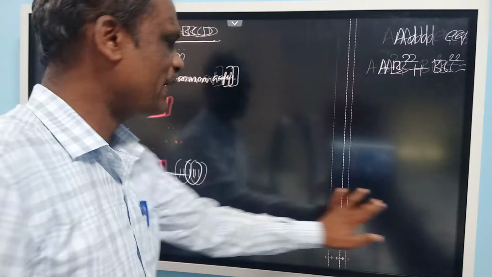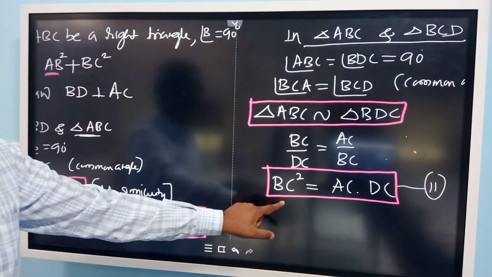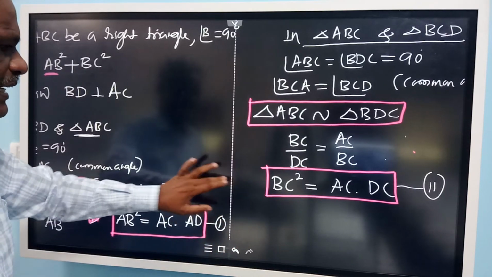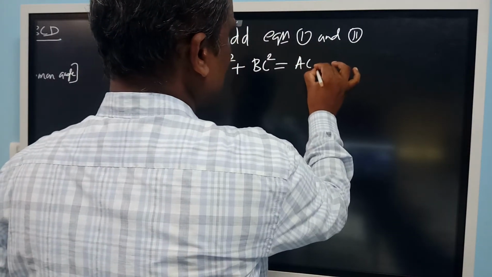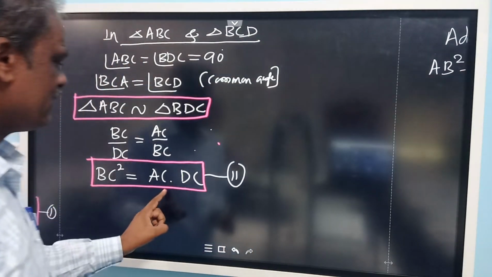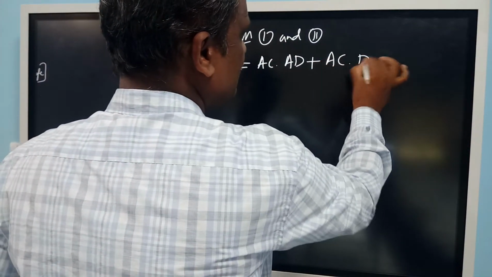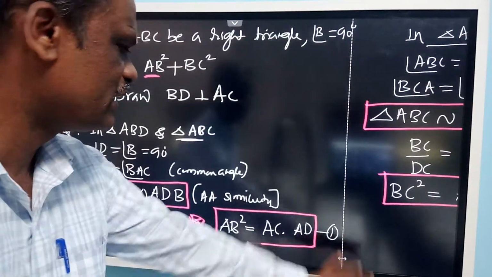See, left hand sides I am adding here. Left hand side here AB square, here it is BC square. AB square plus BC square is equal to AC dot AD plus second equation AC dot DC. So we are adding left hand sides together and the right hand sides together here.